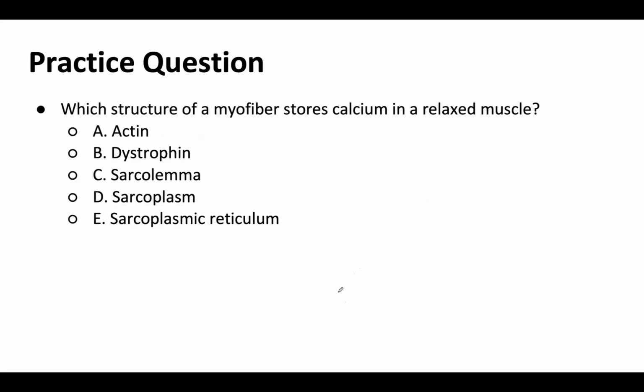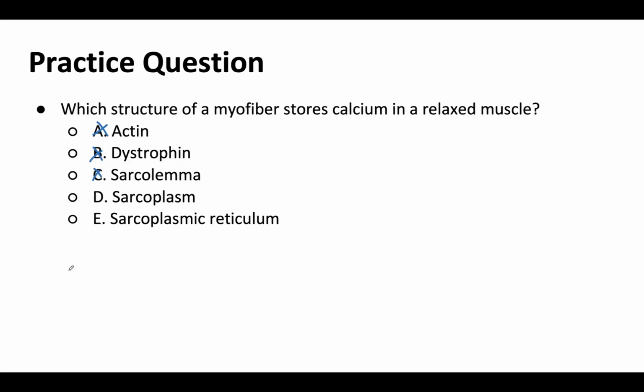Well, actin and dystrophin are not, these are proteins. They're very important in terms of the muscle, but this isn't what's storing calcium. So let's mark these off. These are not correct. Sarcolemma is the plasma membrane, so the outside portion of the cell. That's not storing calcium either. So let's mark this one off too.